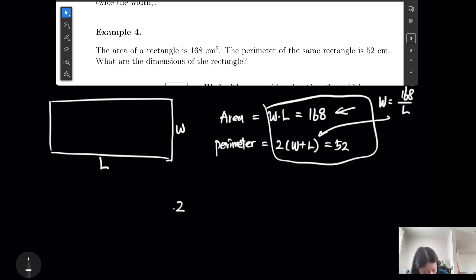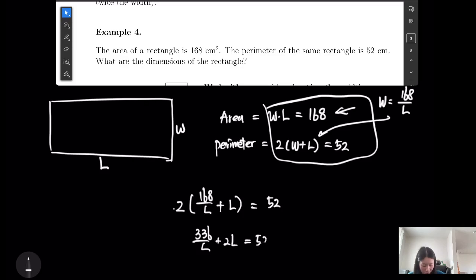I got 2 times 168 over L plus L equals 52. Now I can solve for L. Multiply by 2, I got 336 over L plus 2L equals 52.